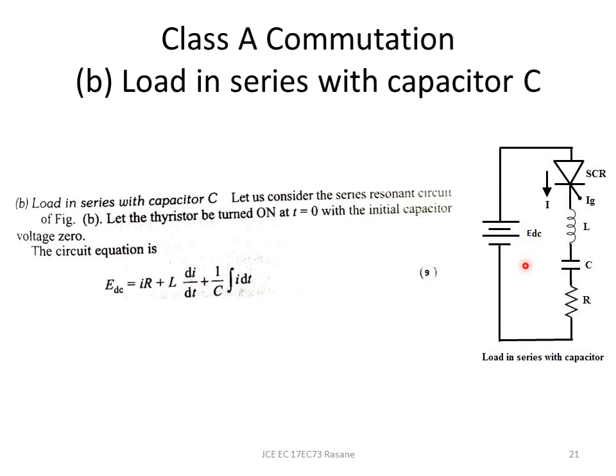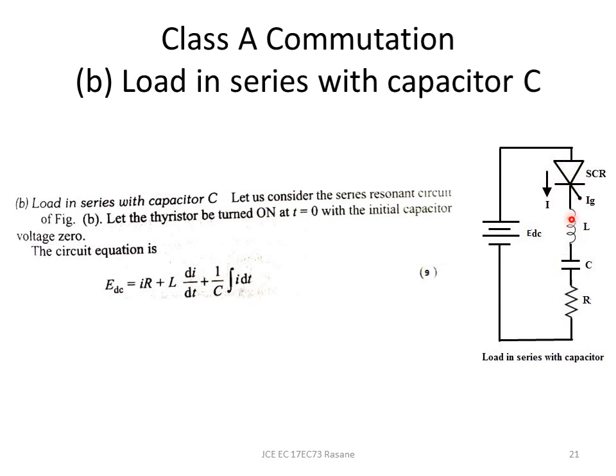But the basic equation, unlike the parallel case, would be Edc equal to, by KVL, the voltage across the inductor, because the thyristor is conducting and there is no voltage across it.